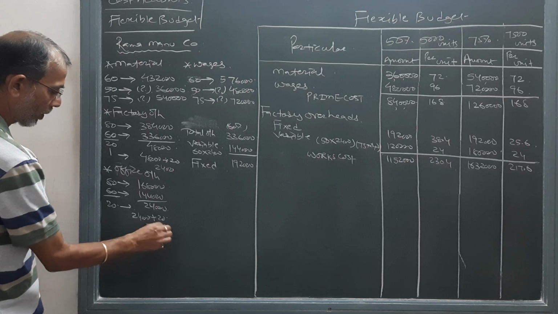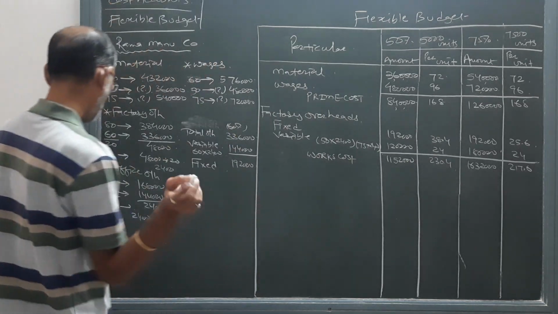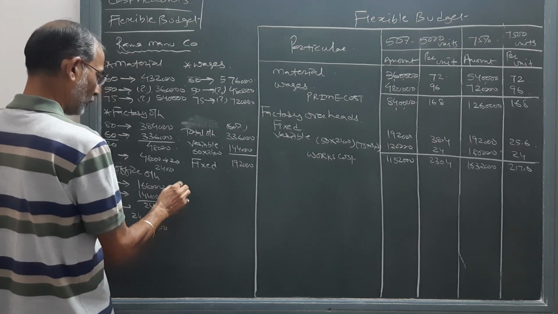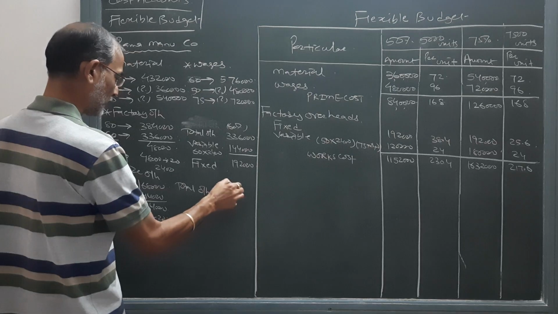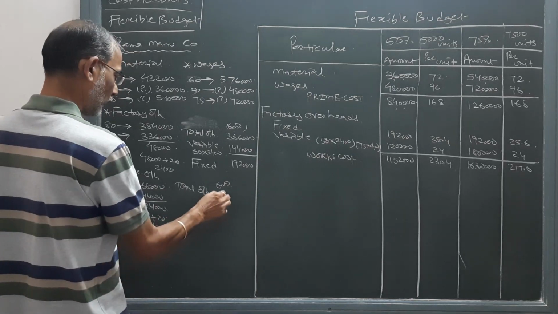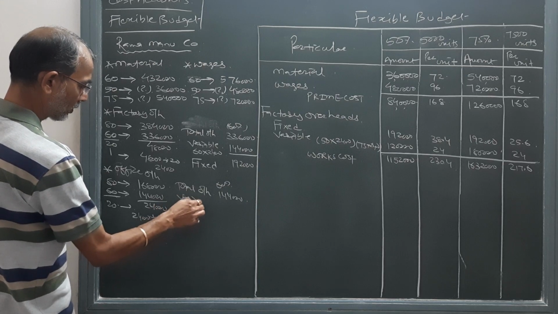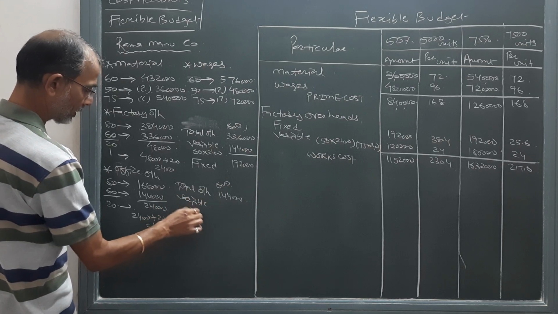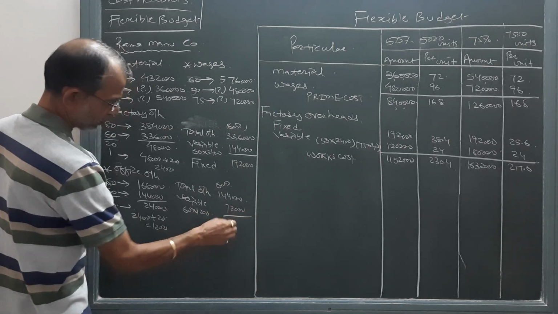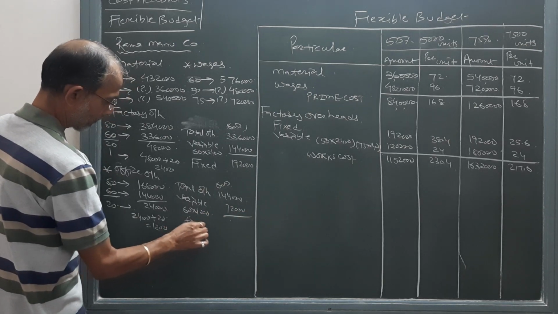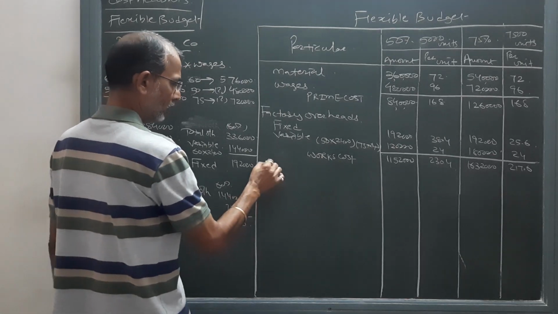For every 1%, variable office overheads are 1,200. Now total overheads at 60% capacity are 1,44,000, out of which variable, 60 into 1,200, will be 72,000. So fixed will also be 72,000.